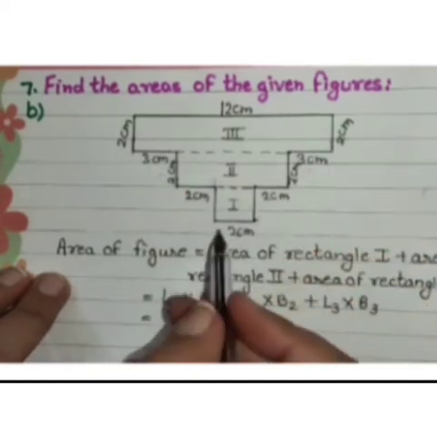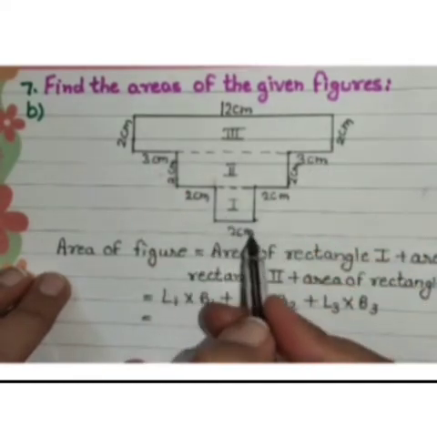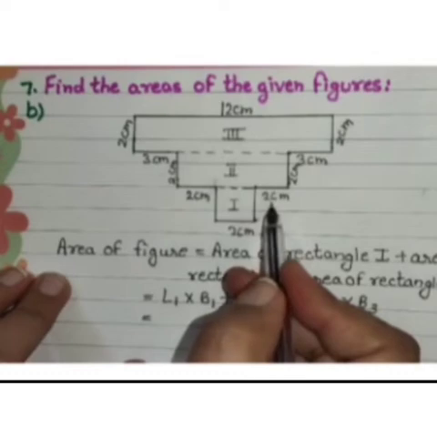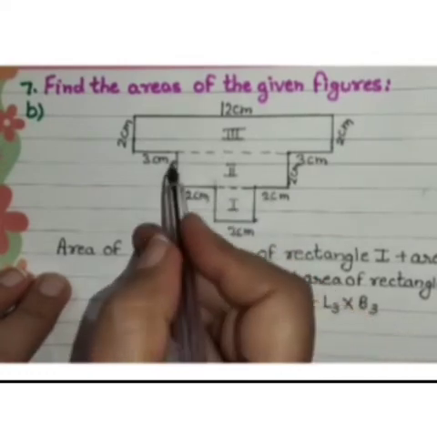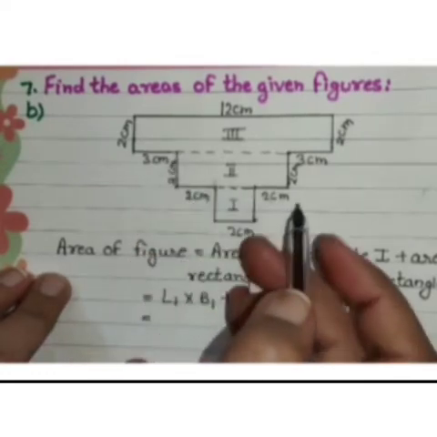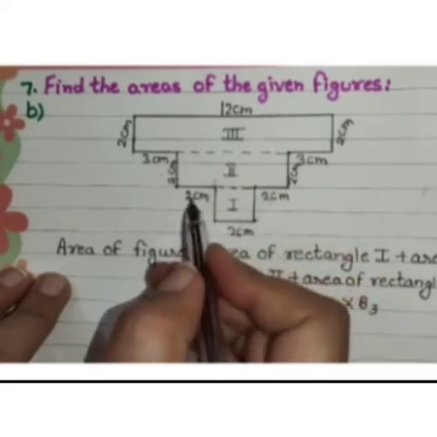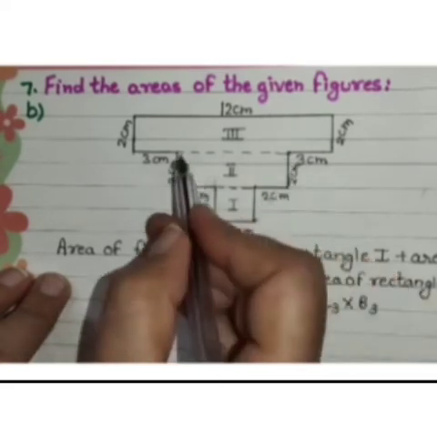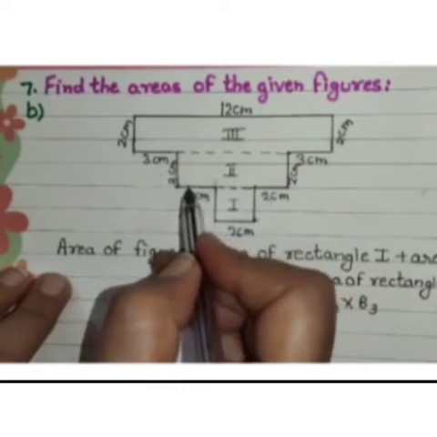Now first rectangle length is 2 and breadth is 2. Clear. In second rectangle, this breadth is 2. What will be the length? Now in rectangle 2, breadth is 2 and this side is the length.